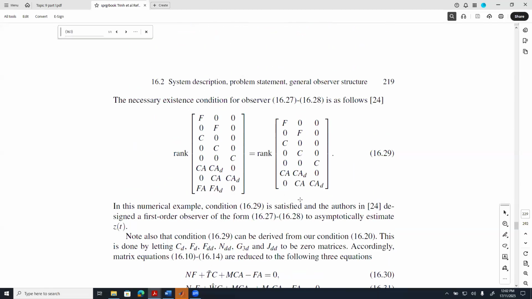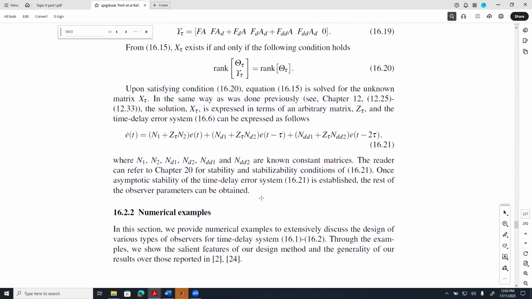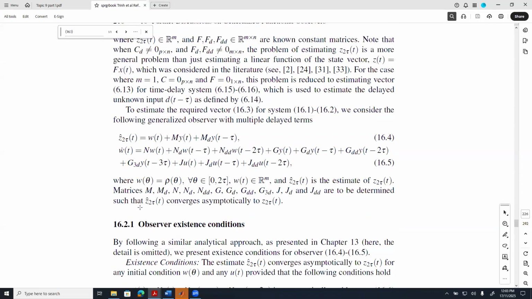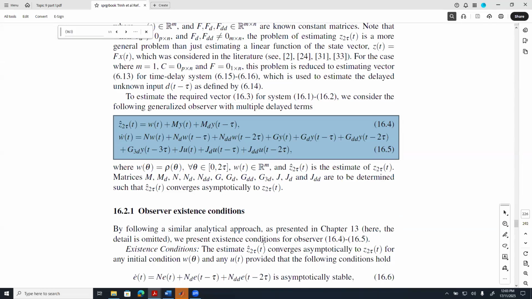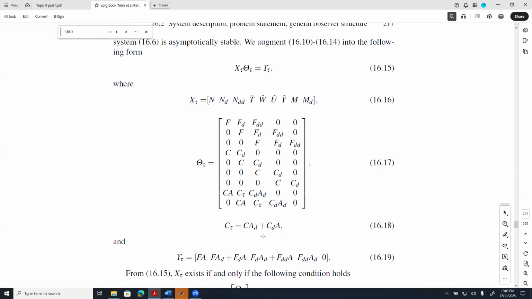And that is the result of employing a more general structure observer, in this discussion here, which is the one given here. And when we look at what we have in here, we can see that our results also cater for all different scenarios.